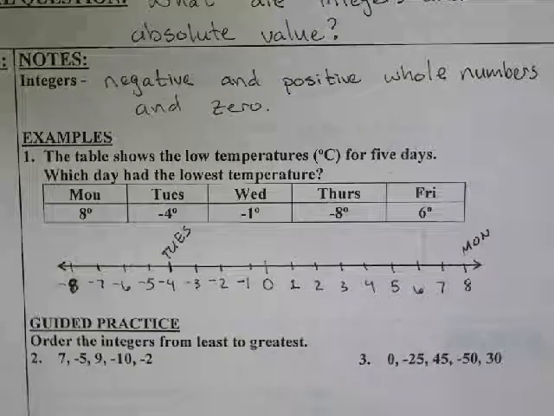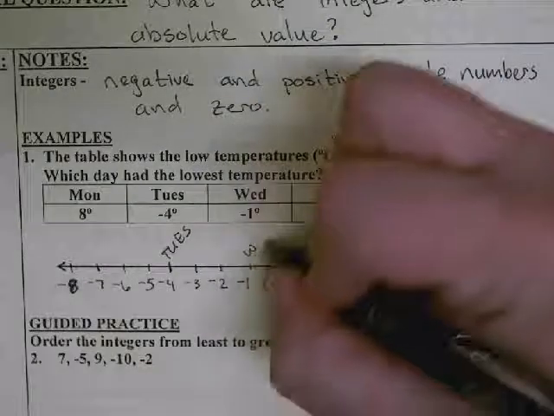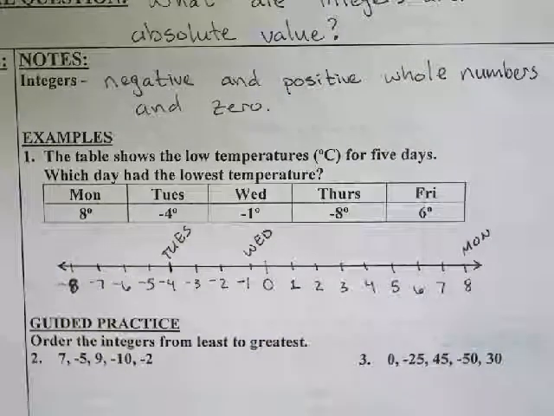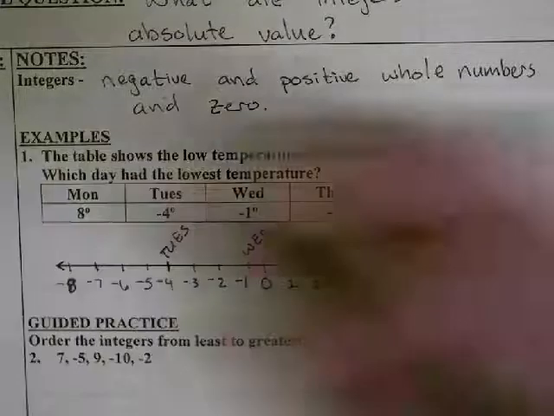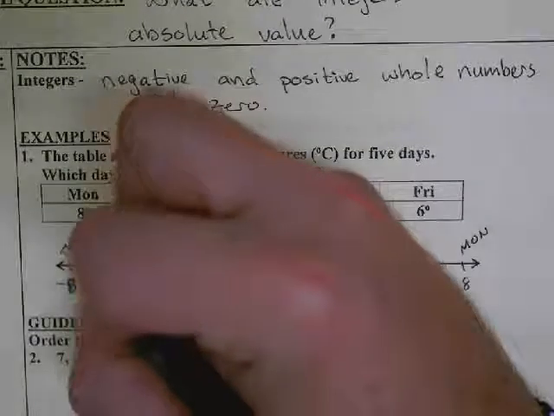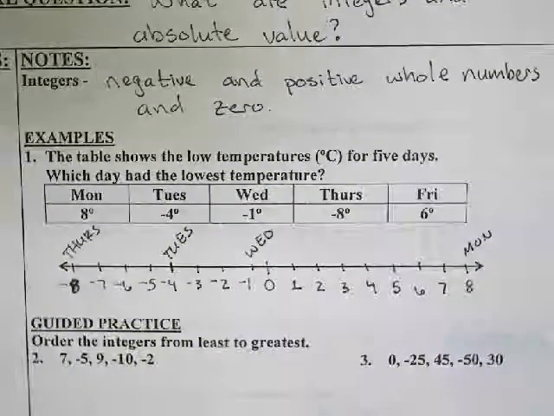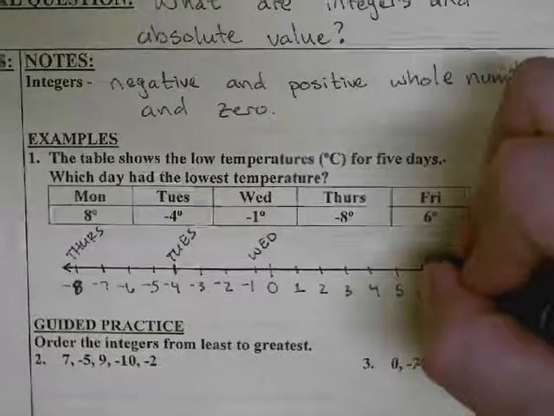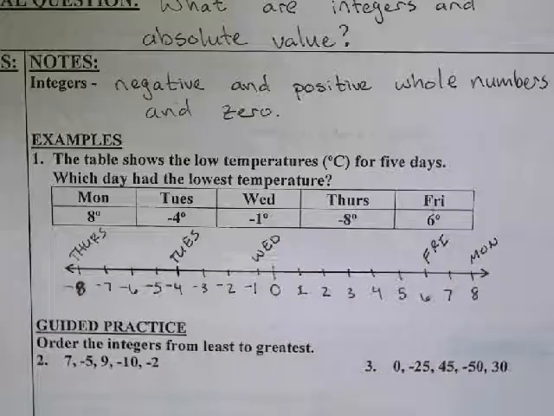Wednesday, we had negative 1 degrees, so at negative 1, I'll put Wednesday. Thursday, we had negative 8 degrees, so at negative 8, I'll put Thursday. And then last, we had Friday at 6 degrees Celsius, so I will put Friday at the positive 6.